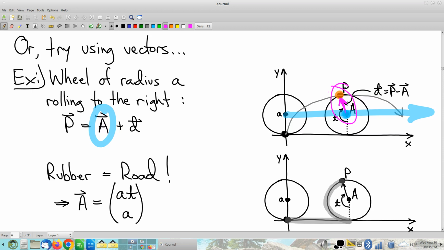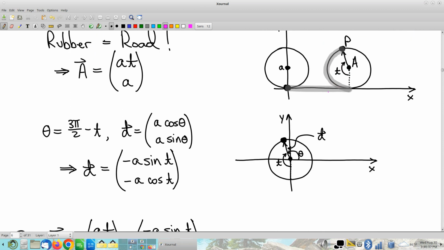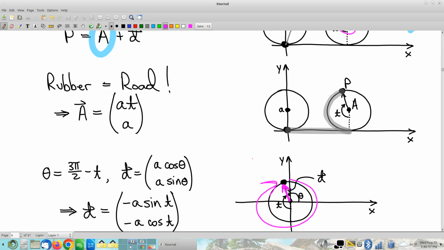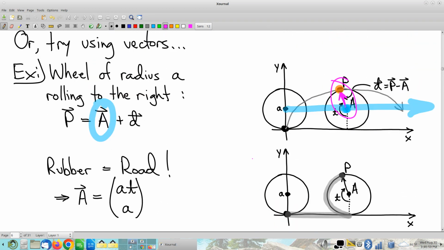Just for convenience, I'm going to come back to those details in a second, but I'm going to draw it here. And as this wheel rolls, that purple D vector just goes around in a circle. We'll get to the details in a second, but describing something going around in a circle is not that hard, and describing something moving in a straight line is not that hard.